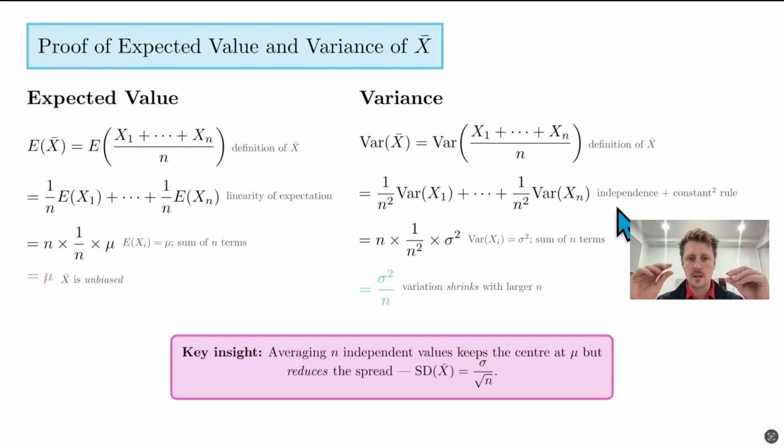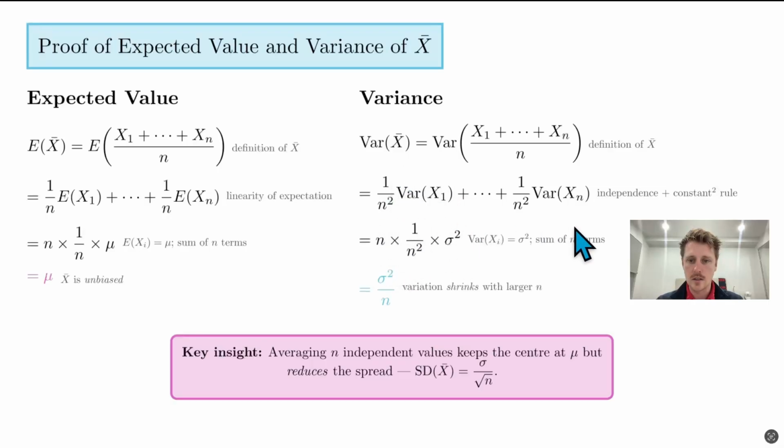So let me just state this clearly because I haven't written it here. The variance of cX is equal to c squared times the variance of X. So basically here we've got a constant of 1 on n out the front of our distribution here, which is in the numerator. So when it comes out, it becomes 1 squared on n squared, which is 1 on n squared. Okay, and so by similar logic, we've got n groups of adding all this up.